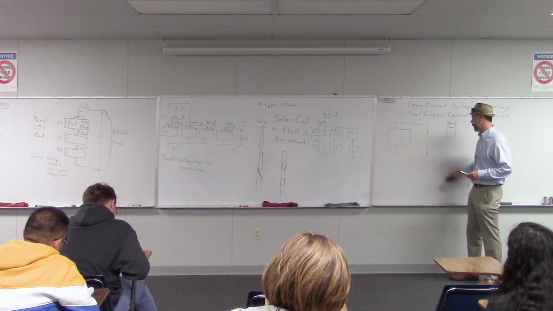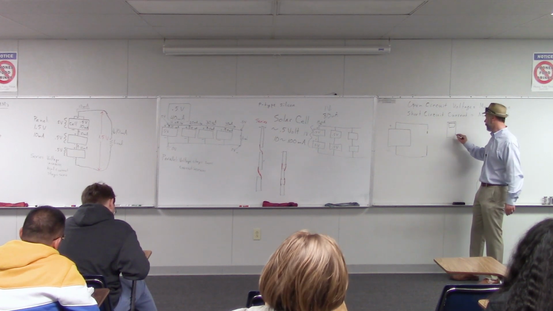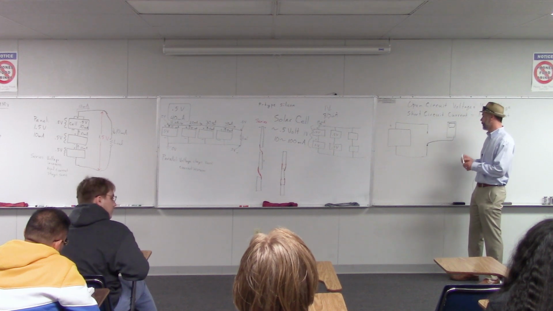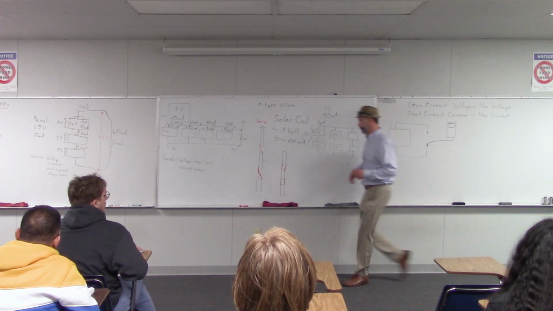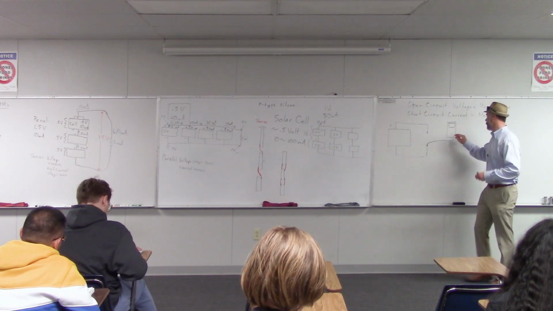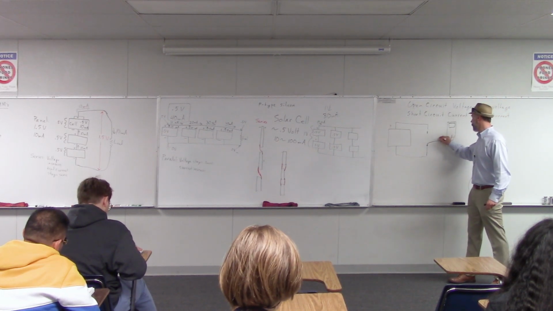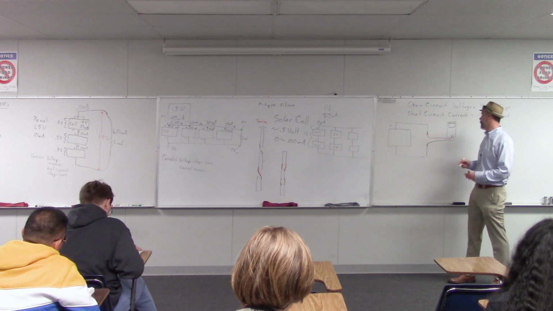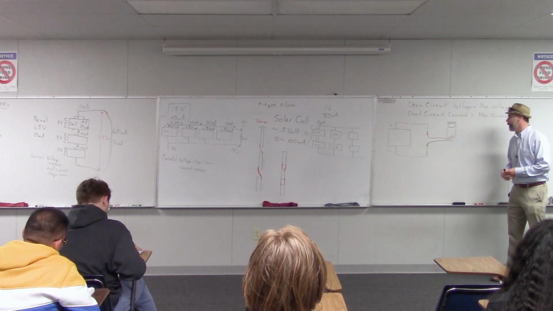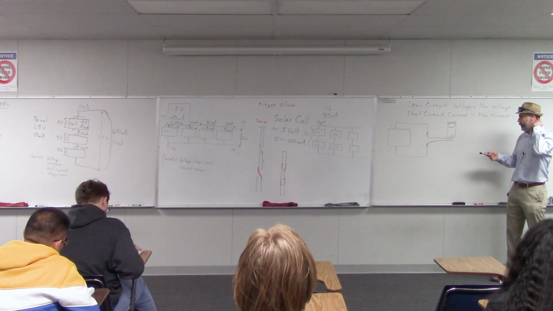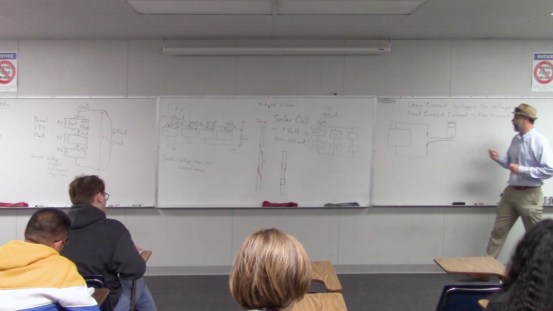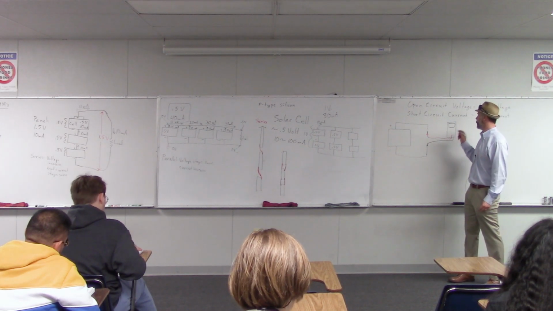So you would break the circuit apart right there, and then you would attach your meter from one side to the other, and then you would put your meter in current measuring mode, and so that's how you would measure the short circuit current.